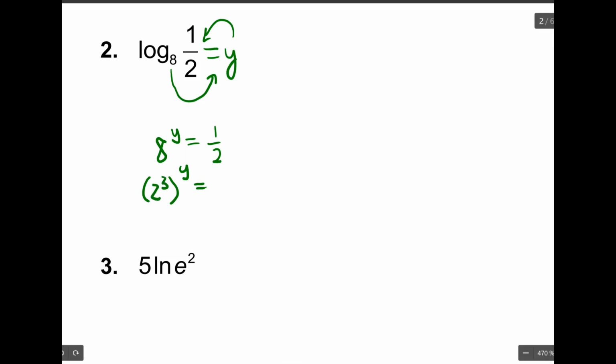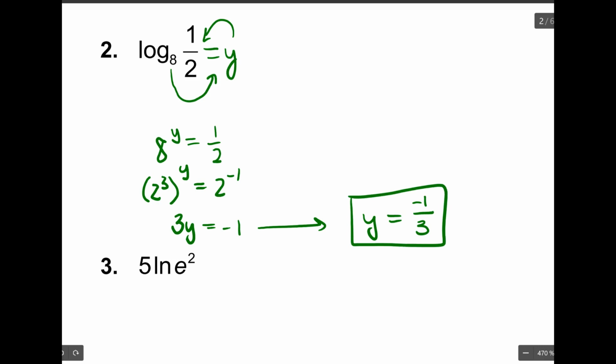And then 2 to what power is 1/2? -1? Then we do 3y equals -1. We divide by 3. Good. On both sides. We find y is equal to -1/3. Awesome. Questions over that one?